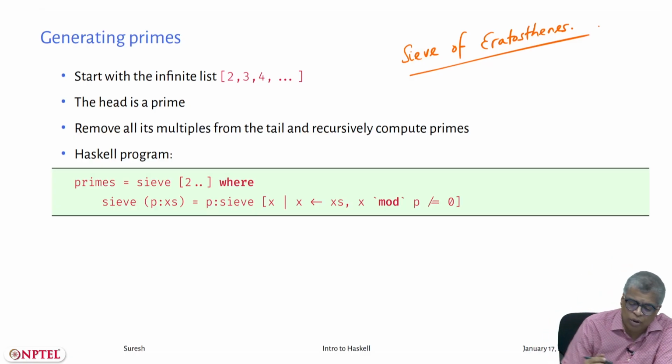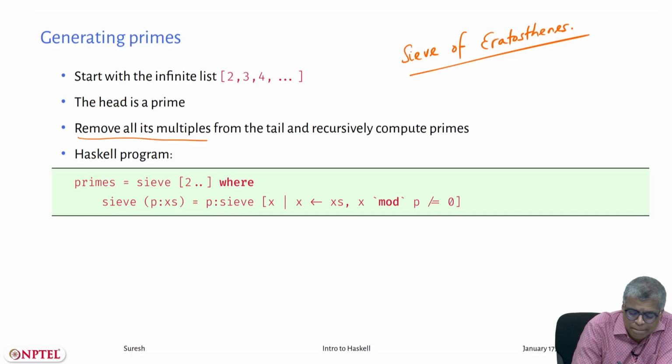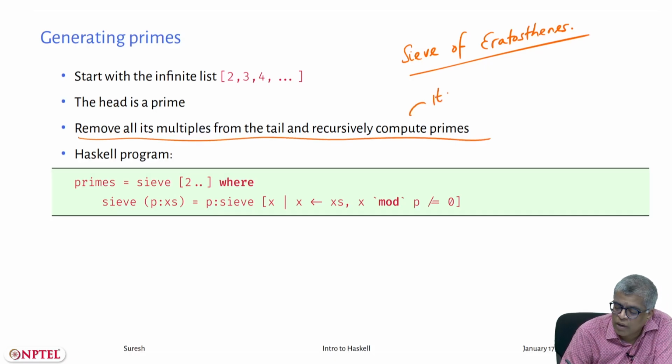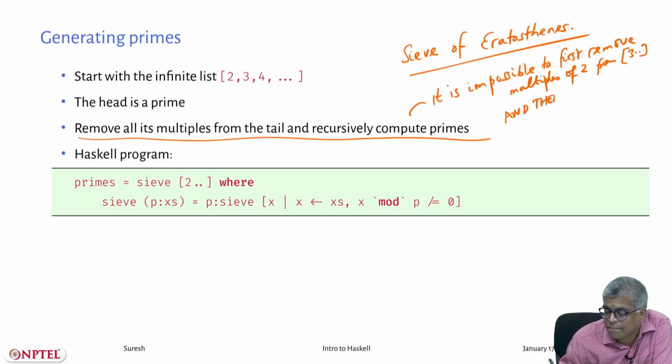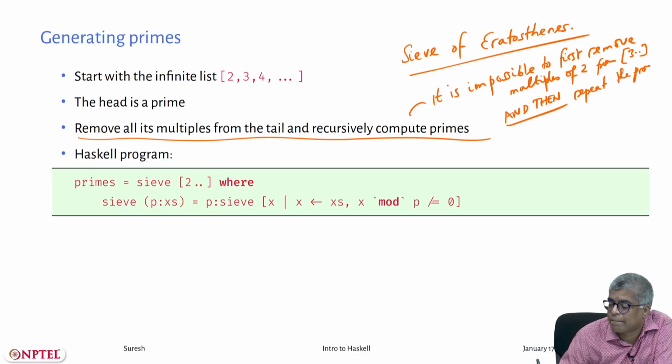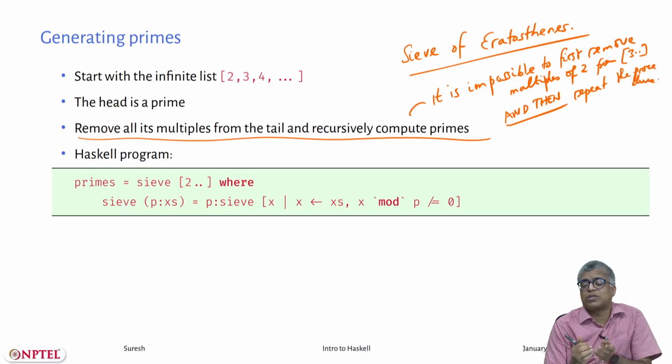Now the point is, when I say this, it is impossible to first remove multiples of 2 from 3 dot dot and then repeat this procedure, because that is an infinite procedure.